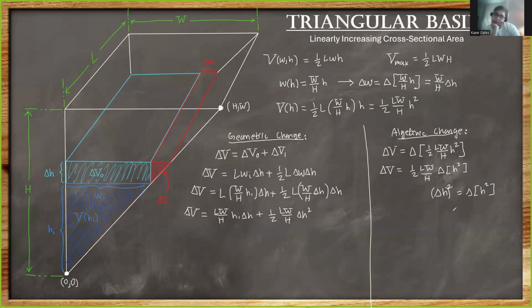Because you're taking H final minus H initial on the left, and then you're squaring that to get the binomials. And then on the right, you're taking H final minus H initial, squaring it, and then... So here you take the change and then you square it, right?